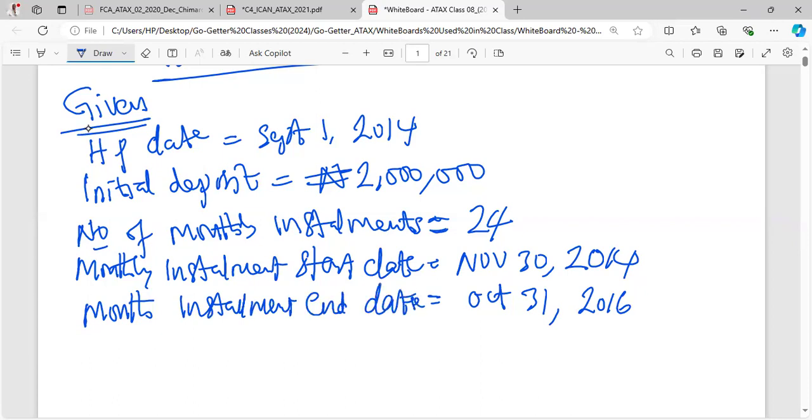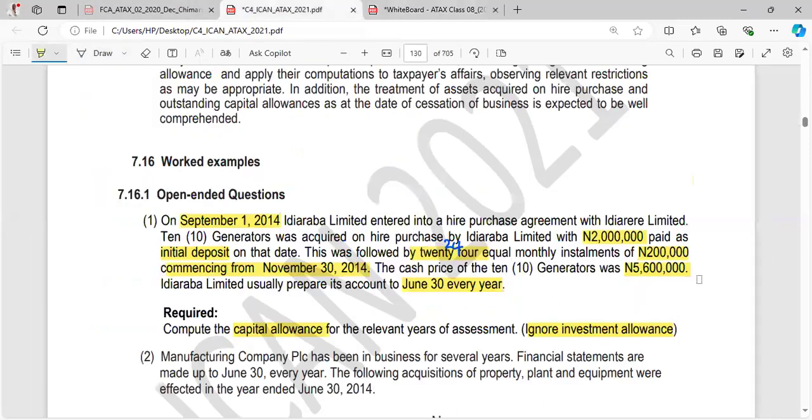You can feel free to count on your fingers, but I usually say if it is 24, that is complete 2 years. If November is the start month, that means the month before it will be the end month. So October will be the end month. And now we are told the amount paid in each installment is 200,000.